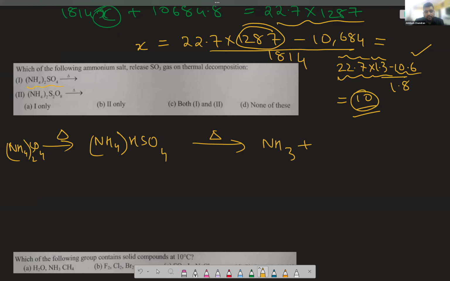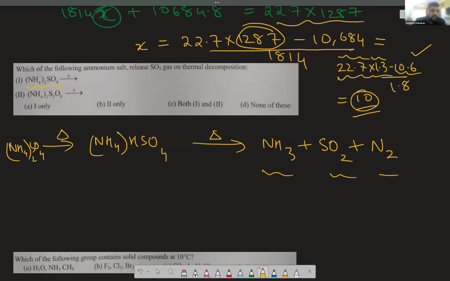Sulfur trioxide is not obtained here. The SO4 2 minus gets reduced to sulfur dioxide, and the ammonia is oxidized. Nitrogen is oxidized into N2. So what you end up getting here is ammonia, sulfur dioxide, and nitrogen, not sulfur trioxide, right?